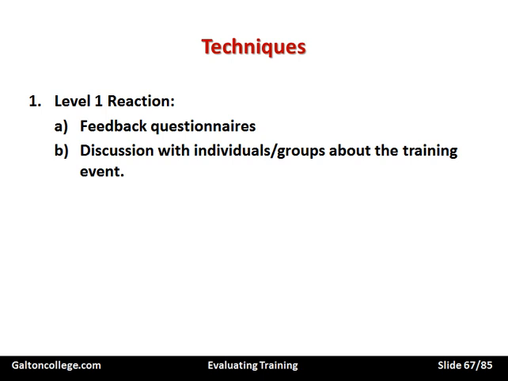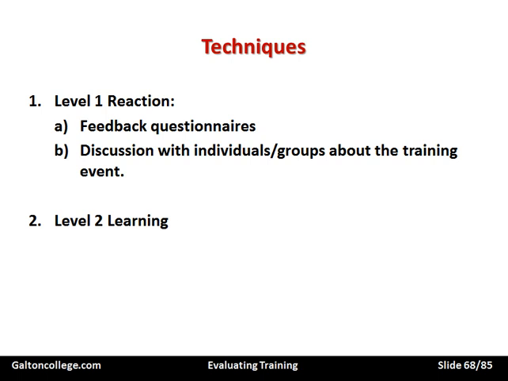Again, biased. They may feel intimidated to tell the truth about what happened in the event. They may be worried about losing their jobs or be seen as troublemakers. But these are techniques that have to be used because simply there are no other suitable techniques. So trying to get feedback which is honest is difficult but important.